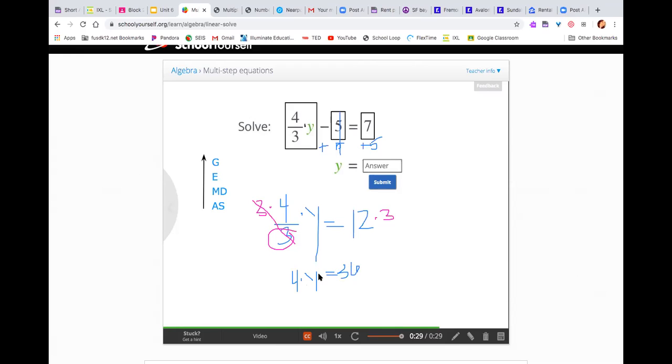And now that it says times y, I want to do the opposite. What do I need to do? Divide. All right, now I'm dividing. Cool. Are we starting to feel a little more comfortable with this? Yeah. Sounds like it. I'm getting quicker responses. Now I have 36 divided by 4.